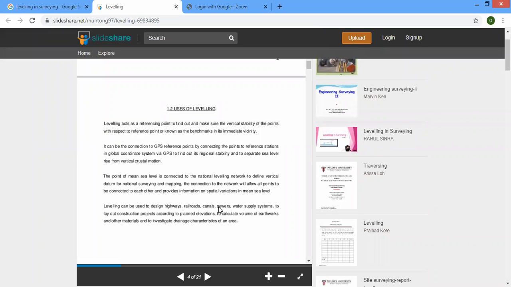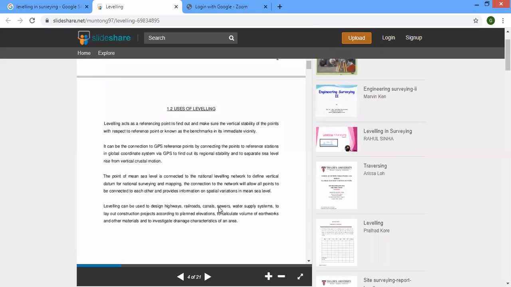To maintain that level, you first have to perform leveling with respect to some benchmark or reference point. The reference point may be mean sea level, or any temporary benchmark. You need to know the levels of various selected points with respect to the benchmark, and you can then decide the level of the construction work.